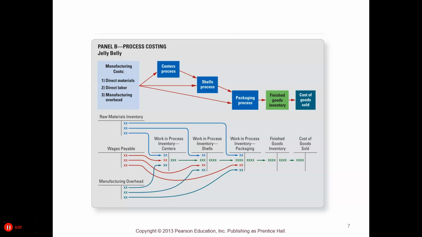And when we complete the process, then we transfer it to the next process. And when we complete that process, we add it to the next process. And as I said, through each process, we're adding on more costs. And then when it finally gets through packaging, it then goes to inventory. Now the question is, how do you determine how much cost you transfer out after each process? And that's what this class is all about.